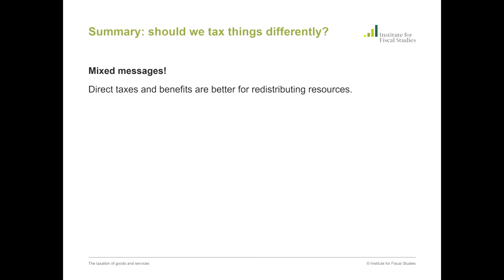So just to sum up the whole argument, all the arguments about whether we should tax things differently, in particular with the VAT system. On the equity side, we tend to think that direct taxes and direct benefits are going to be much better at redistributing resources, except for maybe in some very specific cases.